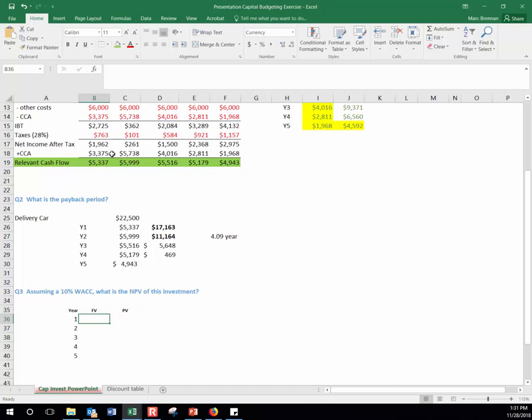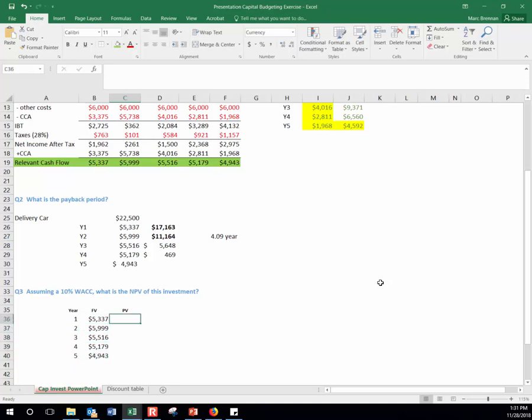So the future value is really just my relevant cash flows, because that's in future dollars. But remember, you're going to have less purchasing power later on. So things are going to be more expensive. So our present value is actually going to be lower than this. So we have to look at our future value and simply bring over all of our amounts. So we're just bringing over all of our amounts. 4,000, there you go.